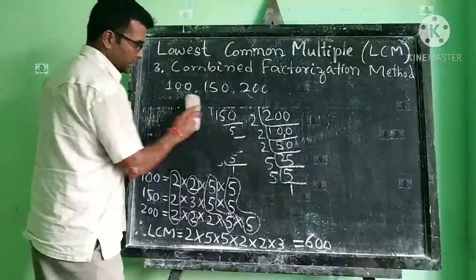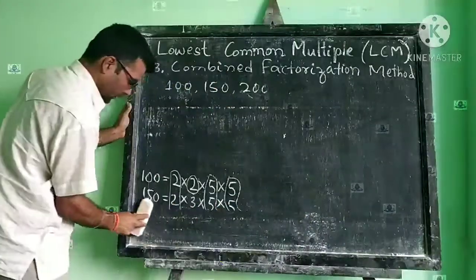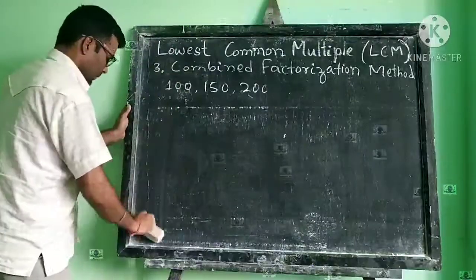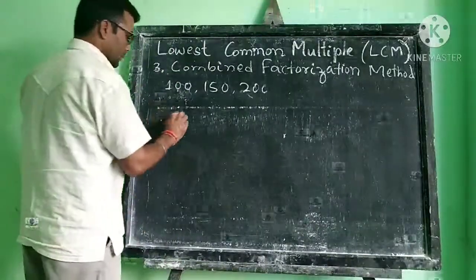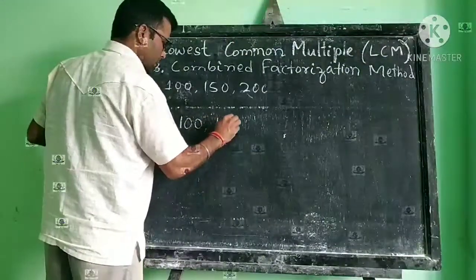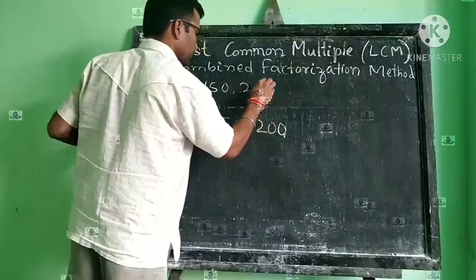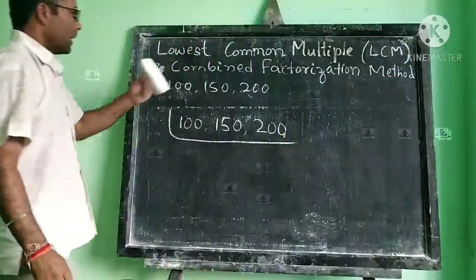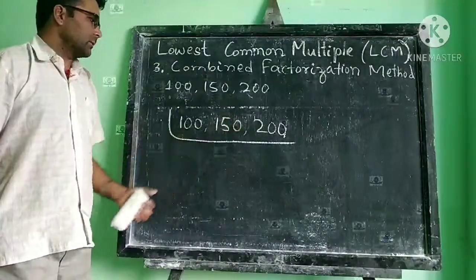In this method we need to write all these numbers in a single line, separating them by commas, and find the factorization using the combined method, that is the combined factorization method.